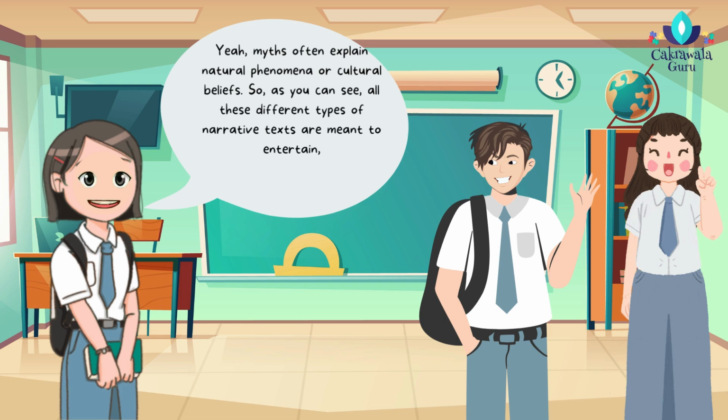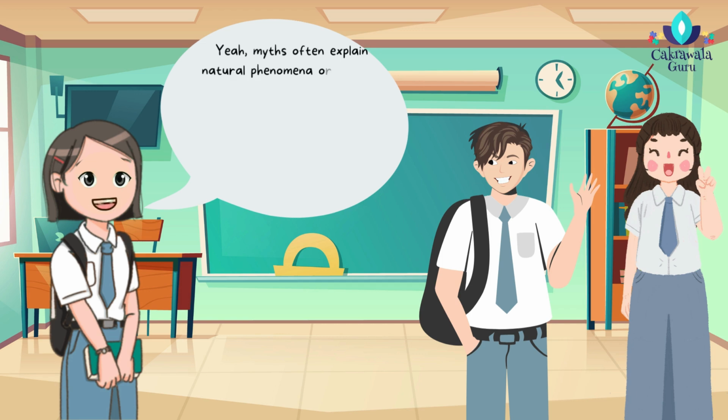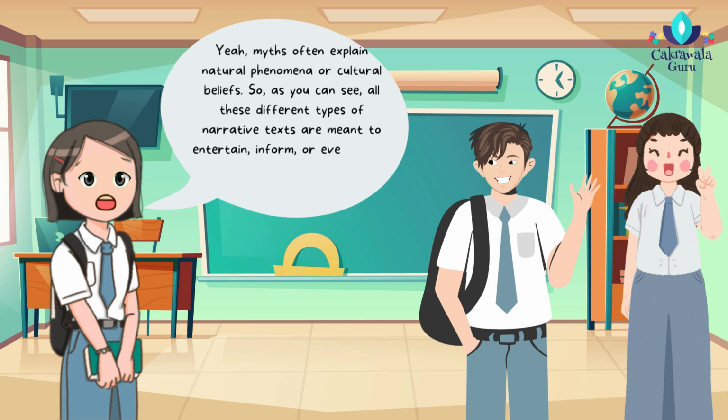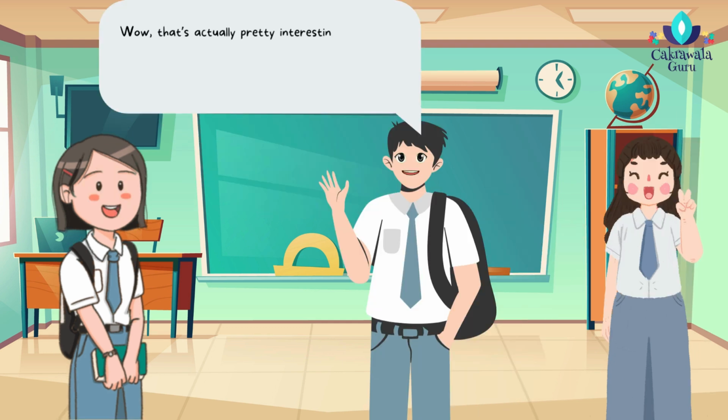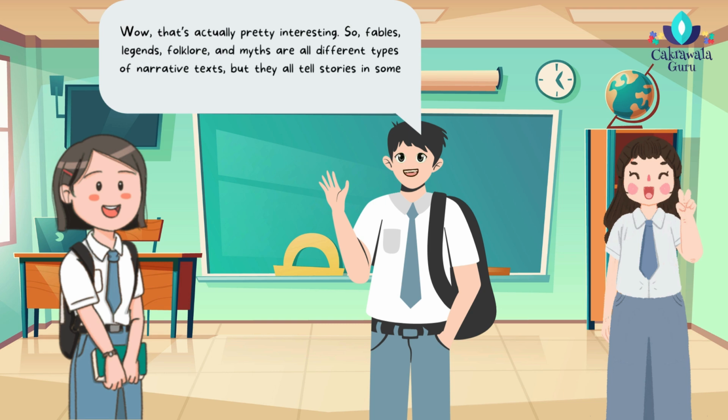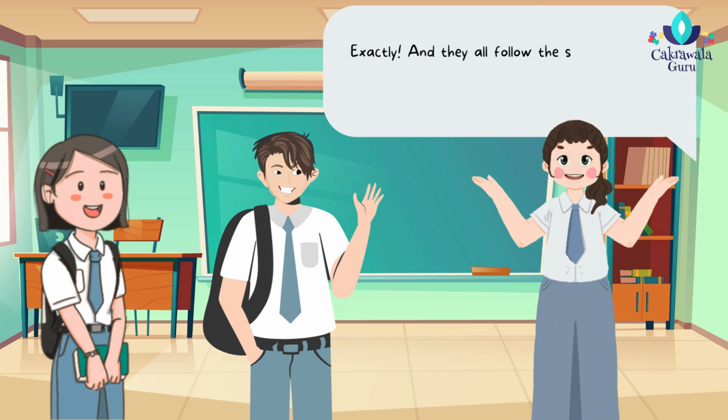So, as you can see, all these different types of narrative texts are meant to entertain, inform, or even explain something. Wow, that's actually pretty interesting. So, fables, legends, folklore, and myths are all different types of narrative texts, but they all tell stories in some way. Exactly, and they all follow the same structure: orientation, complication, and resolution.